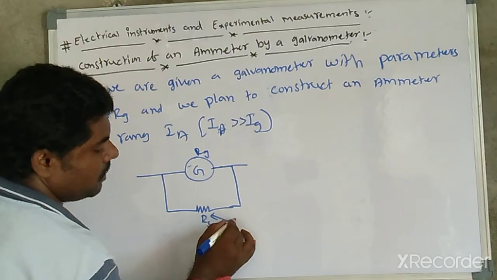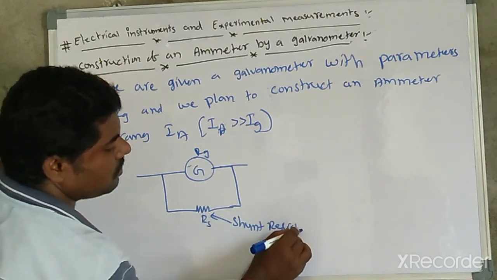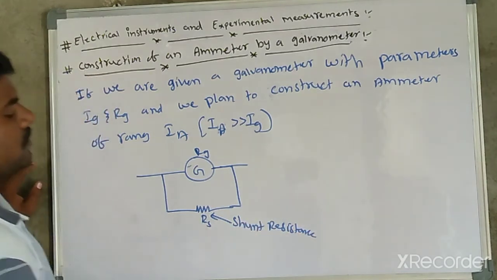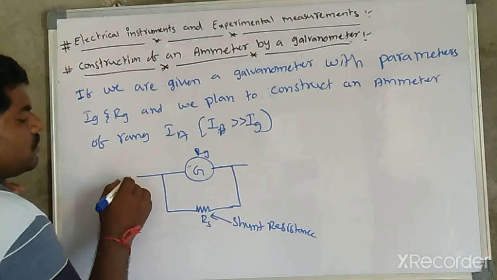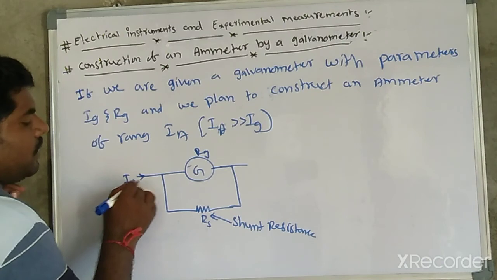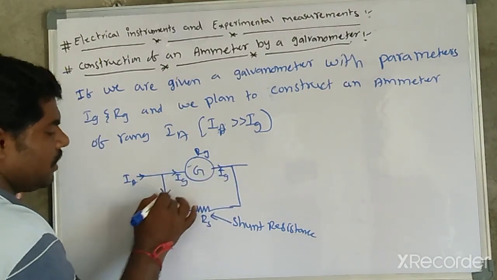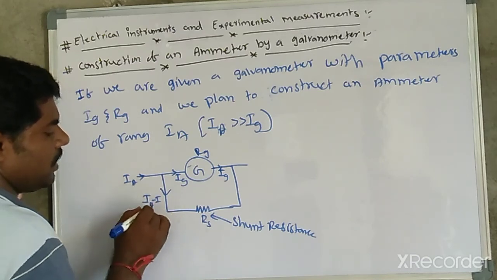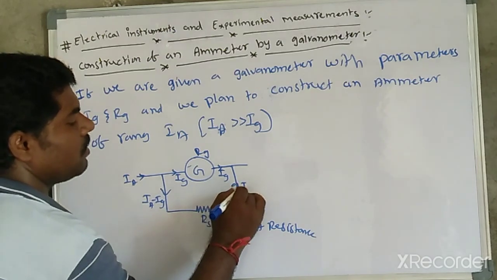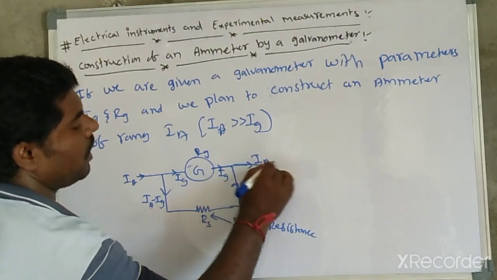The shunt resistance has a very small value, not a bigger value. The total outlet current is considered Ia. So the current Ig passes through the galvanometer, the remaining current Ia minus Ig passes through the shunt, and finally the current is Ia only.